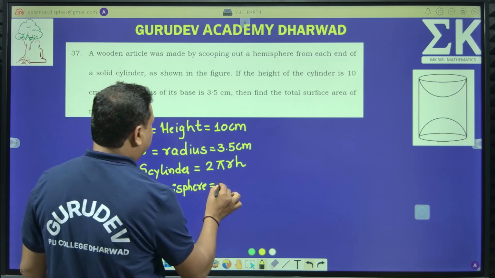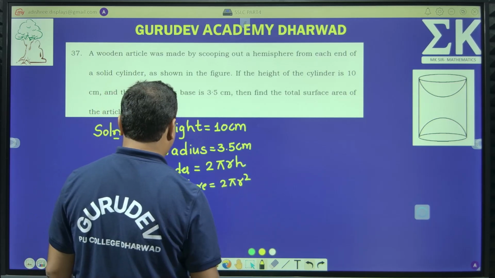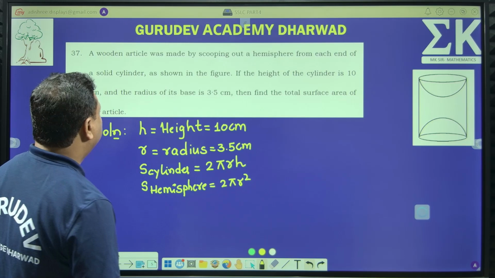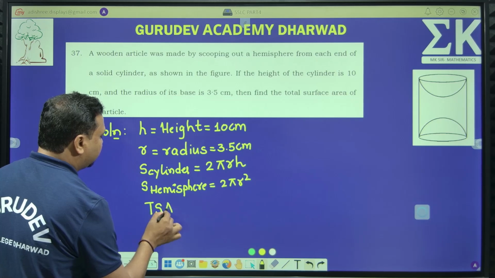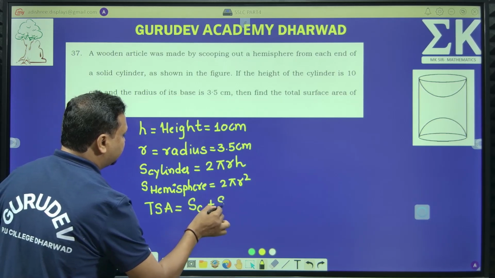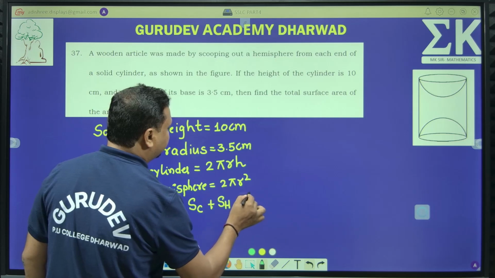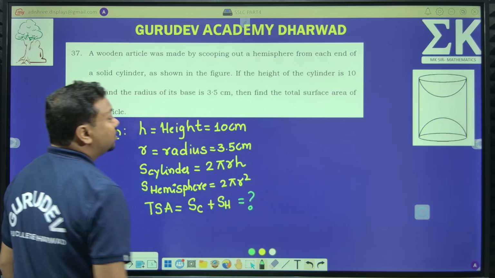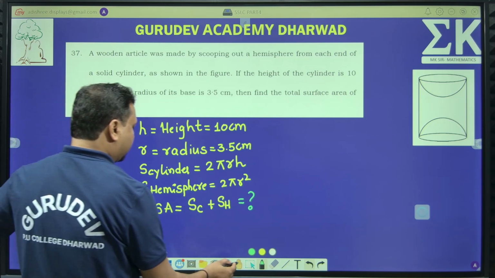It will be 2 pi r square, right? Now, what they have asked is the total surface area, which is equal to the surface area of the cylinder plus the surface area of the hemispheres. Clear? So, let me understand the solution now.